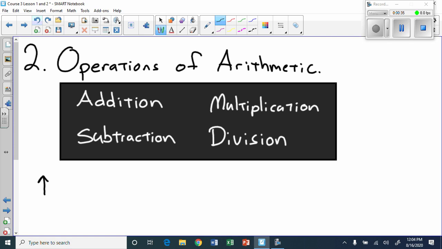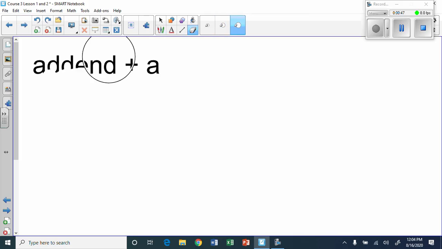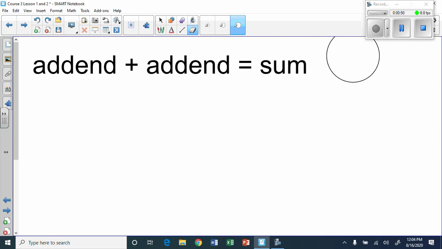A couple things that we can look at is the different terminology that we might have. So let me erase some of this for us. And let's look at this first one. An addend plus an addend is equal to a sum.